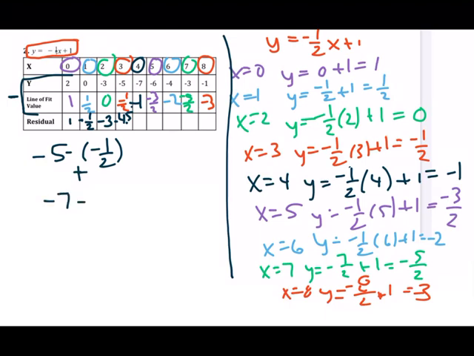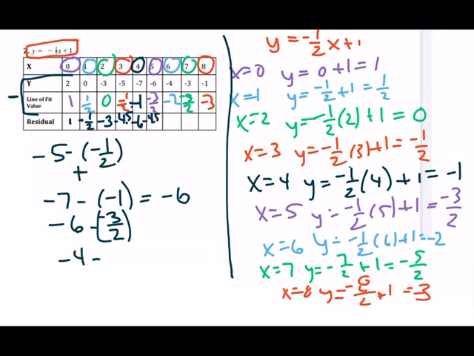Negative 7 minus negative 1 becomes negative 7 plus 1, which is negative 6. Negative 6 minus negative 3 over 2, again, this is going to become addition. That's going to give us negative 4.5.